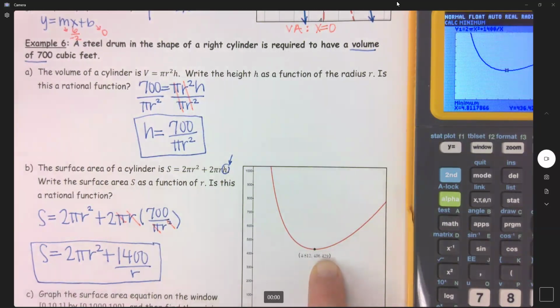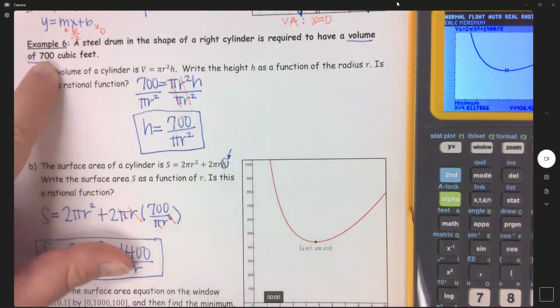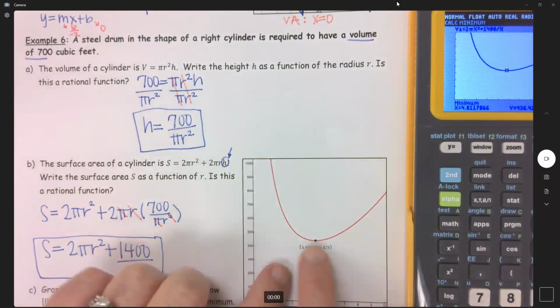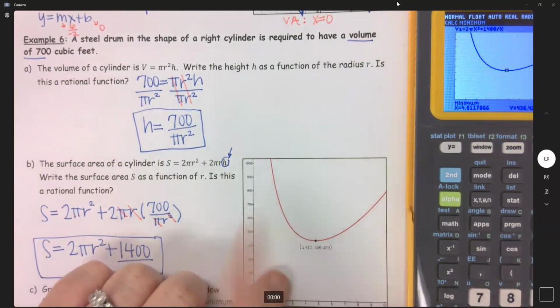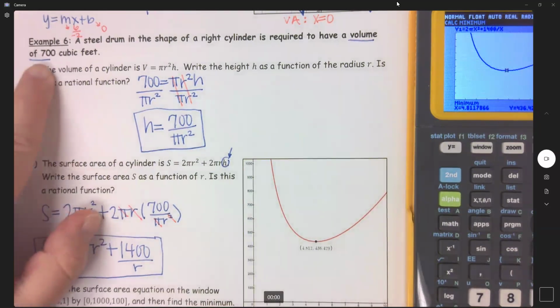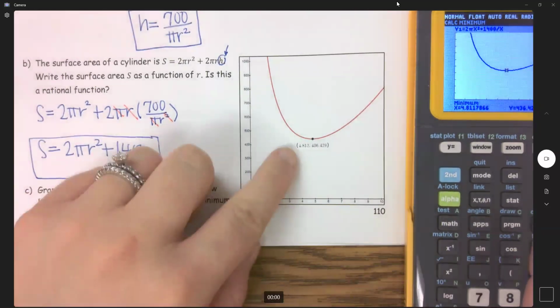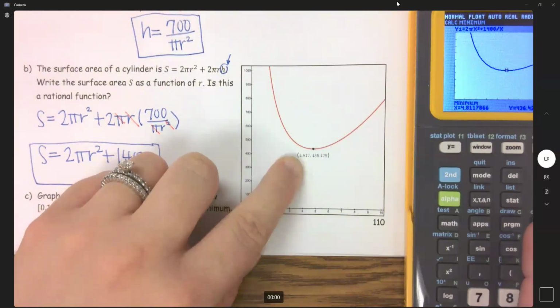That way I don't have to use as much material to build this. All of these here have a volume of 700, but as it keeps going up, now my steel is going to be more and more, meaning I'm having to spend more money to get the same result here. And so this gives me my radius of my smallest surface area.